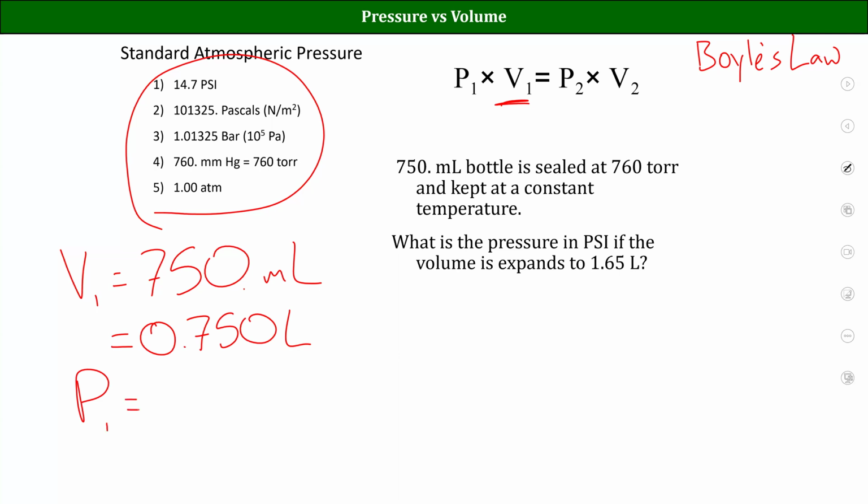Our initial pressure is 760 torr. The question says, what's the pressure in PSI if the volume expands to 1.65 liters? So our final volume, V2, is 1.65 liters.